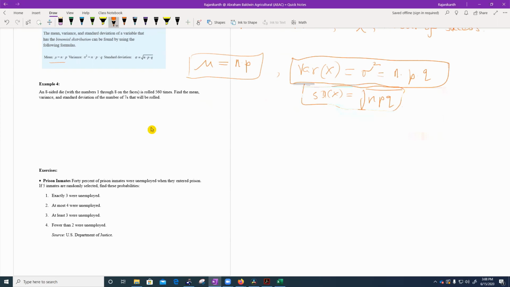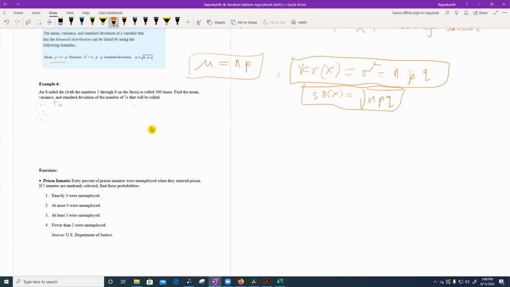We are rolling a die 560 times. Therefore, the total number of trials is now 560, right? So remember, for each trial, I have 8 possible outcomes. You may have any number from 1 to 8. But the problem is looking for number 7, right?